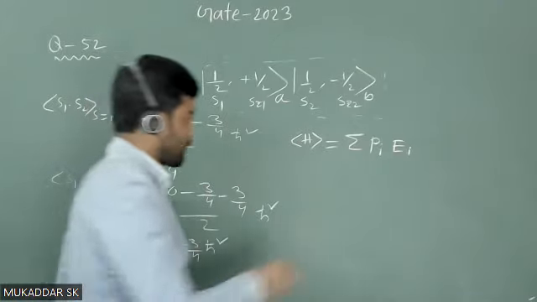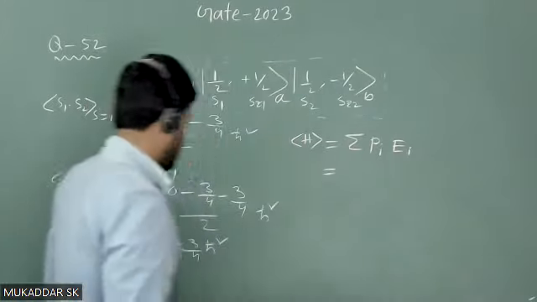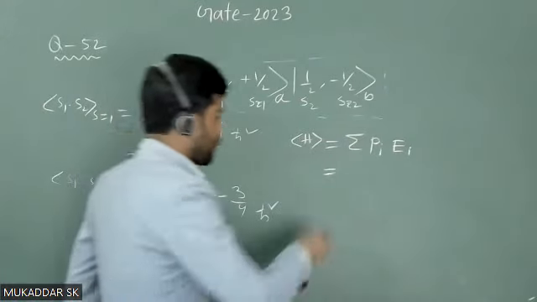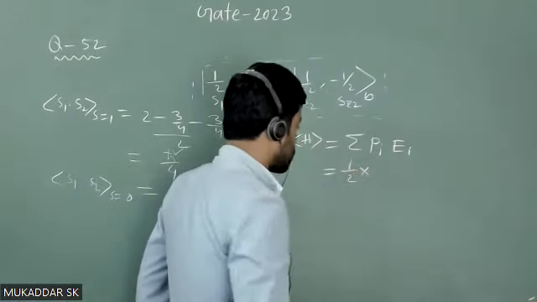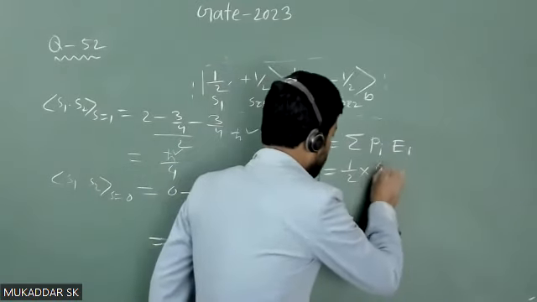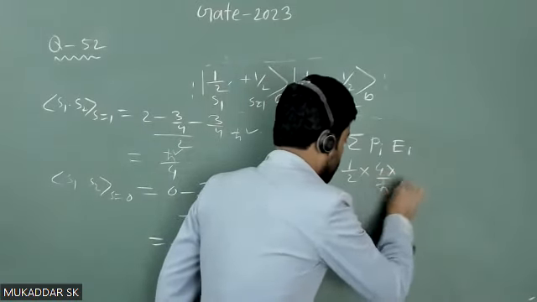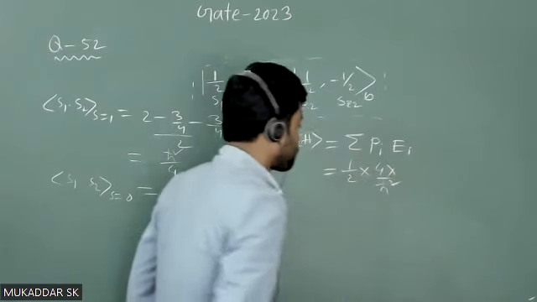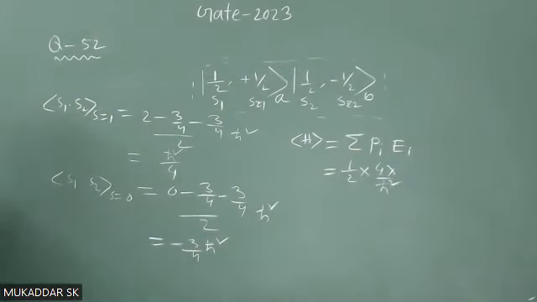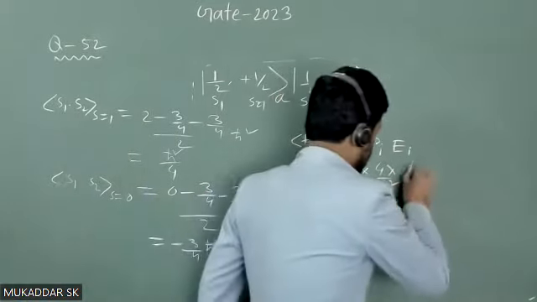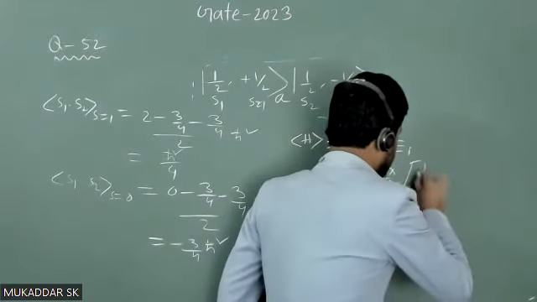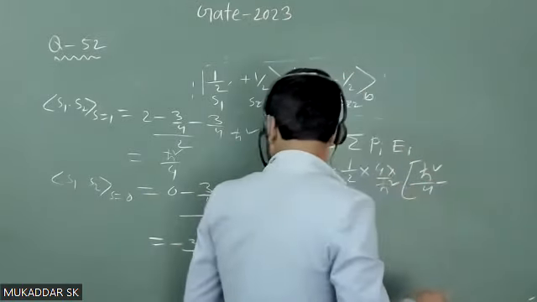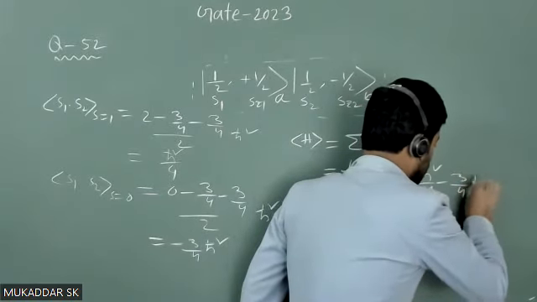So if I apply this, first of all this probability 1 by 2 will be common, and also this factor 4 lambda by h cross square, which was given in the Hamiltonian, will be common. And then I'll write that energy, h cross square by 4 minus 3 by 4 h cross square.